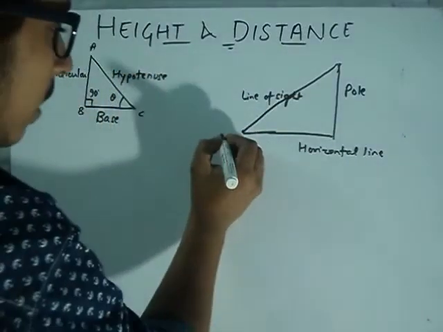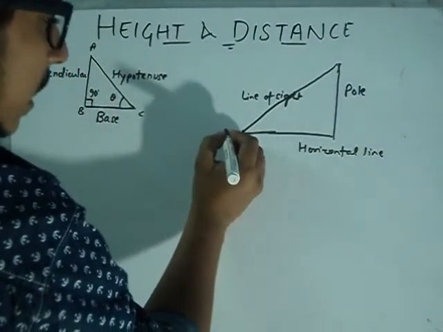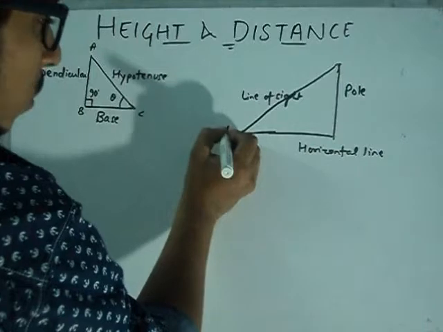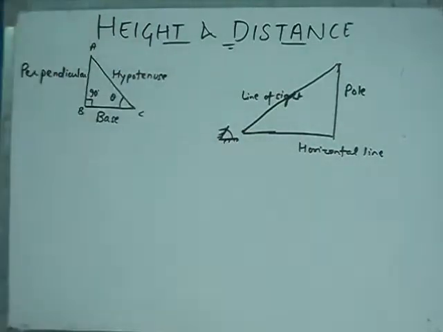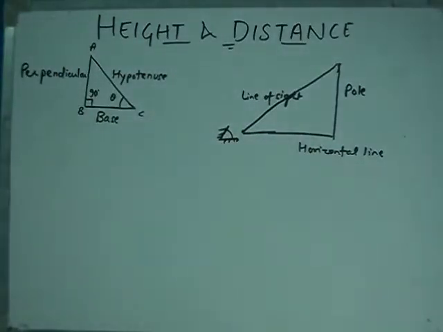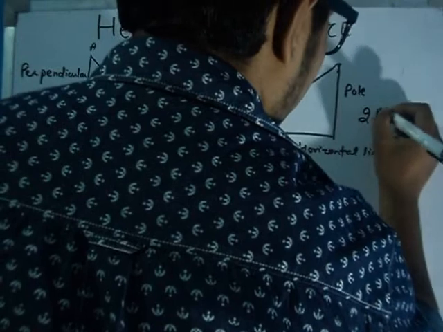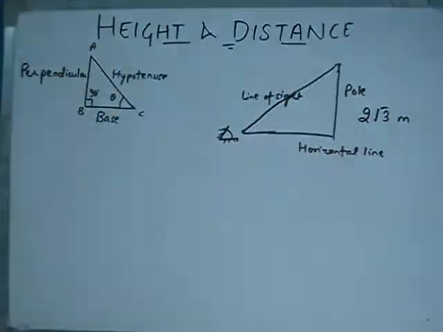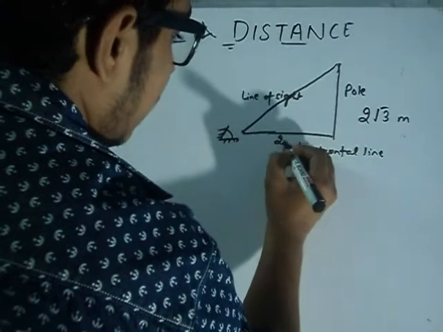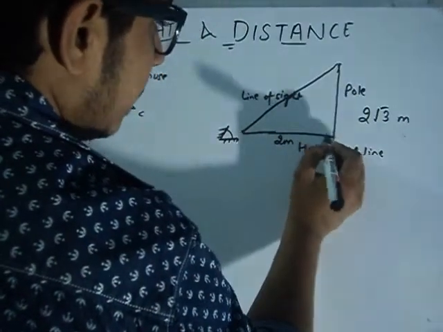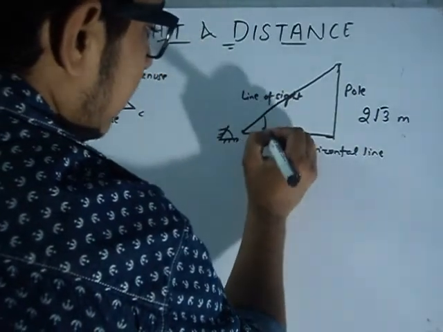The person is looking from this point to the top of the pole, and the height of the pole is 2 root 3 meters, and the length of its shadow is 2 meters. It's a pole and it's a shadow. We have to find this angle.